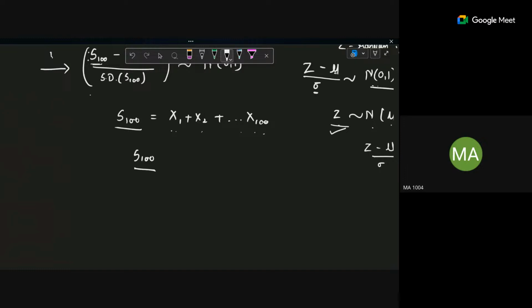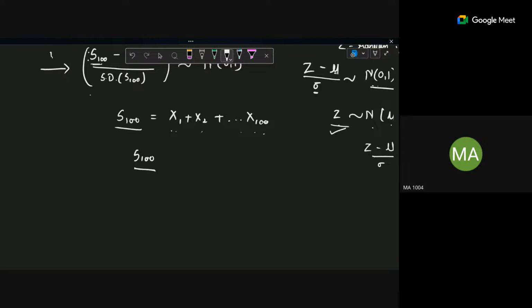Ma'am, each xi is a normal random variable, right? No, it's not given. Then ma'am, once we calculate the MGF of S, it will be the same as that of the normal.